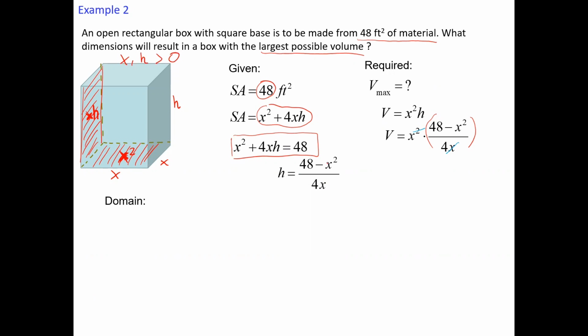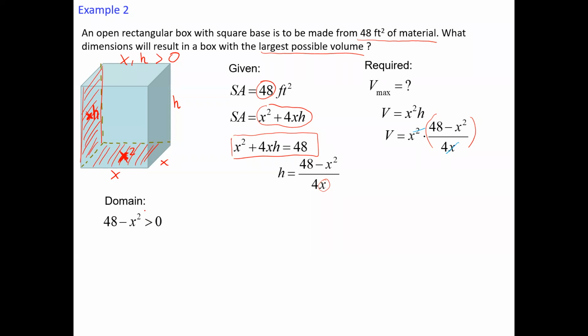But looking at the given information, 48 gives us some constraints. x is definitely positive, so we don't worry about the denominator, but the numerator must be positive also. Correct? 48 minus x squared must be greater than 0.